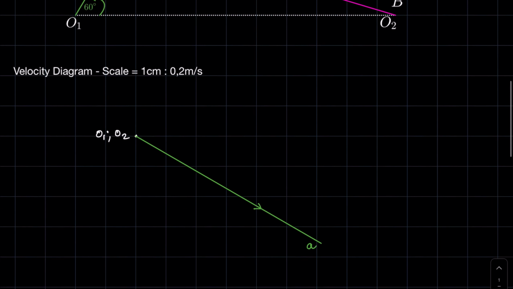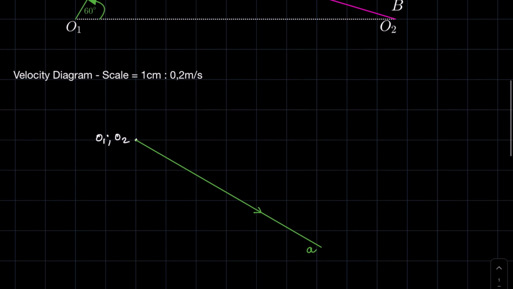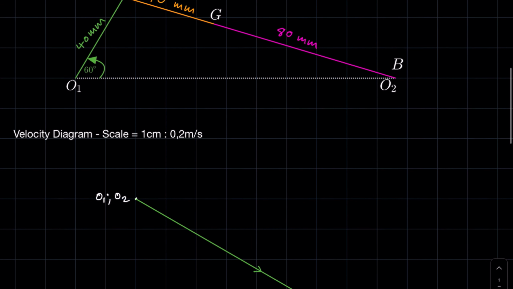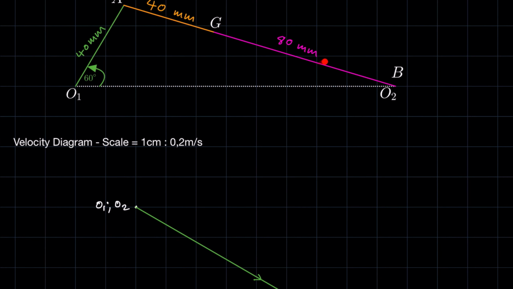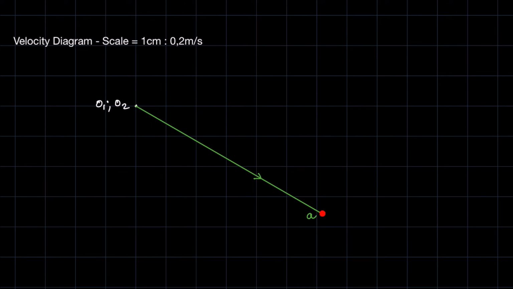Now on our velocity diagram, we already have point A. Since we already have point A, it means however we draw the velocity for this link, it must be such that it passes through this point.